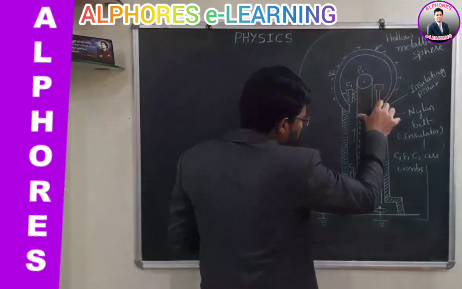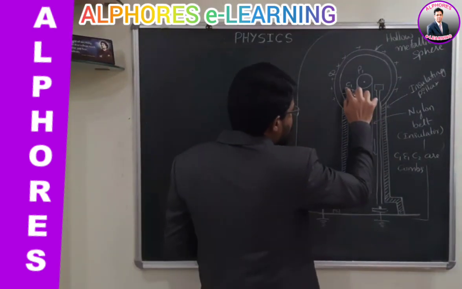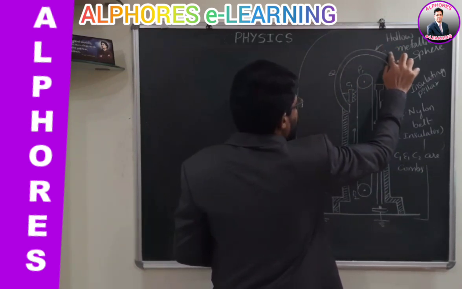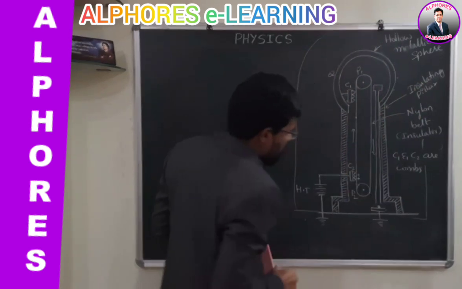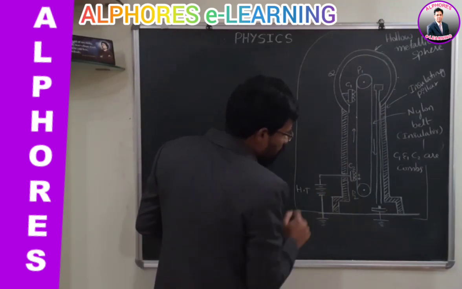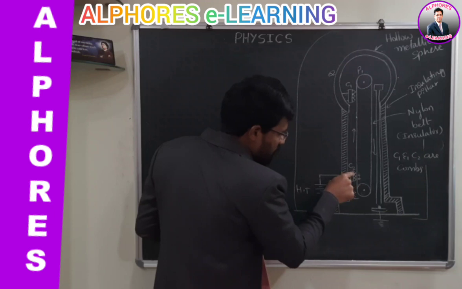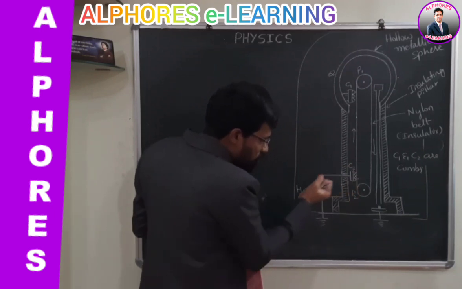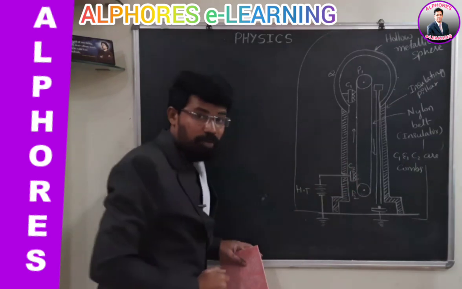Heavy positive charge is given to these sharp edges, and that creates a highly intense electric field. That electric field pulls electrons from this nylon belt.